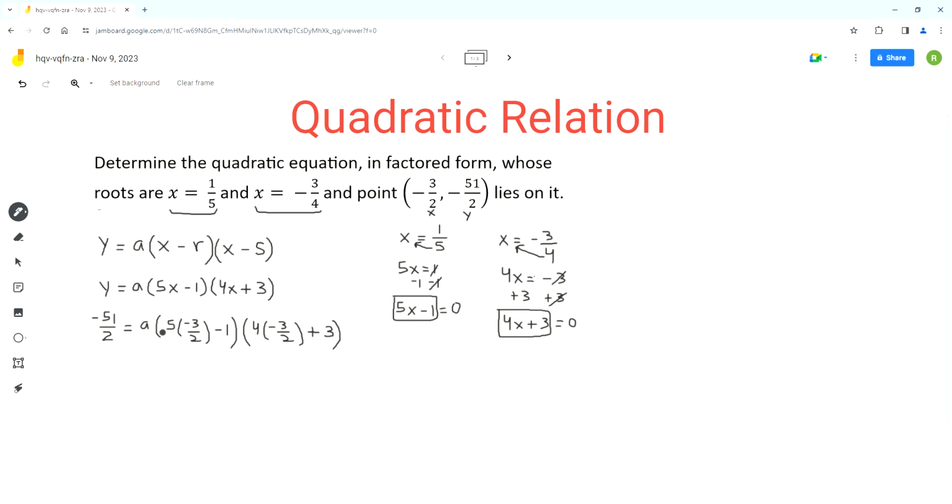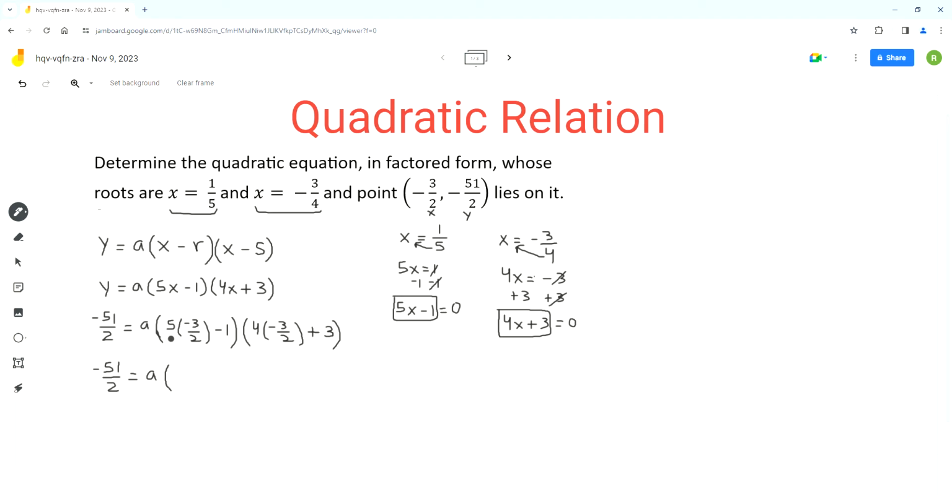Now we have to simplify the terms in these two parentheses. So we'll do the multiplication. The left side stays the same. First we do 5 times negative 3 over 2.